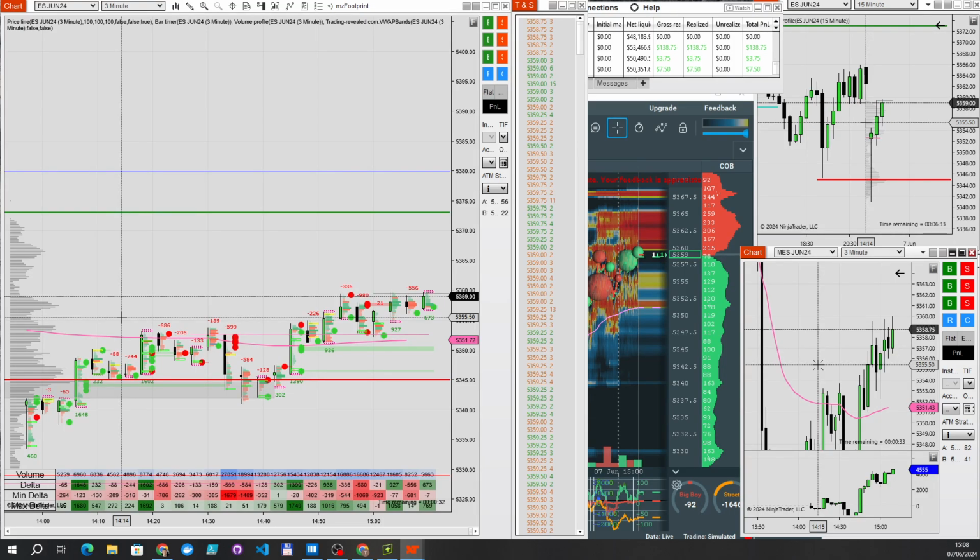Okay, now we took that 15 minutes candle high. Let's see if we're gonna get the pullback to 55.